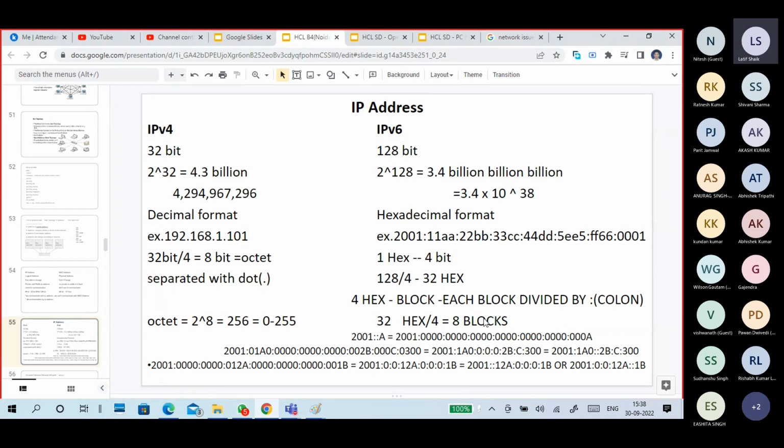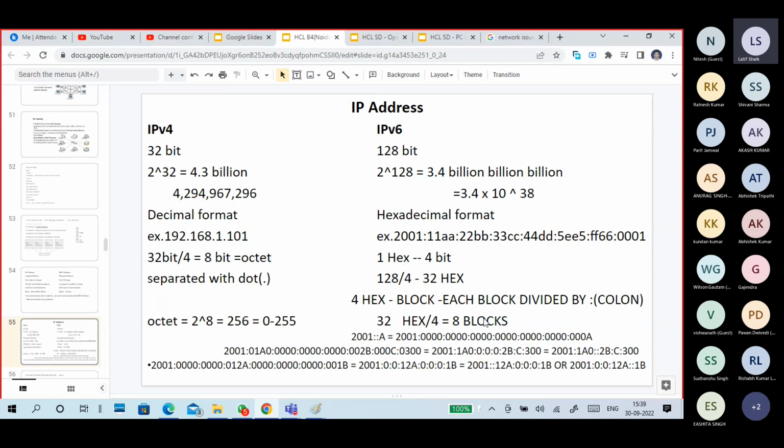IPv4 is 32-bit, and this 32-bit binary number is divided into 4 parts, separated with a dot. If you divide 32 bits into 4 parts, each part is 8 bits. We call each part an octet, because it contains 8 bits.